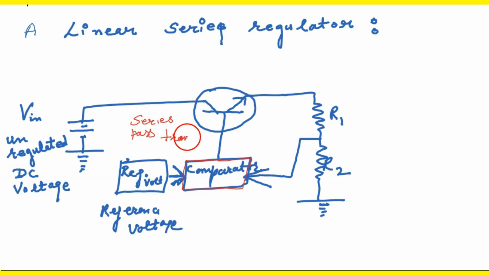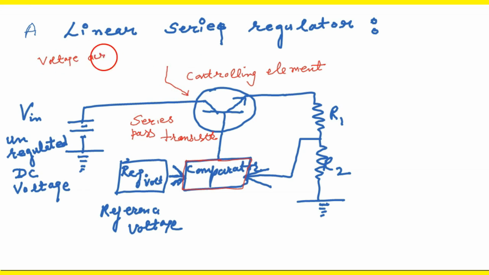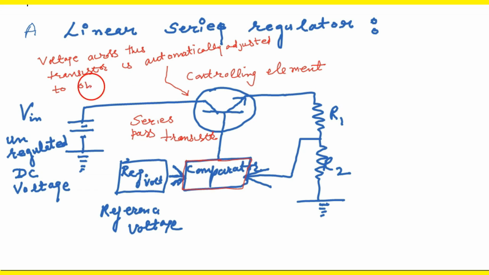This is the series pass transistor, and it is also called the controlling element. The voltage across the transistor is automatically adjusted in such a way as to keep the output voltage constant.